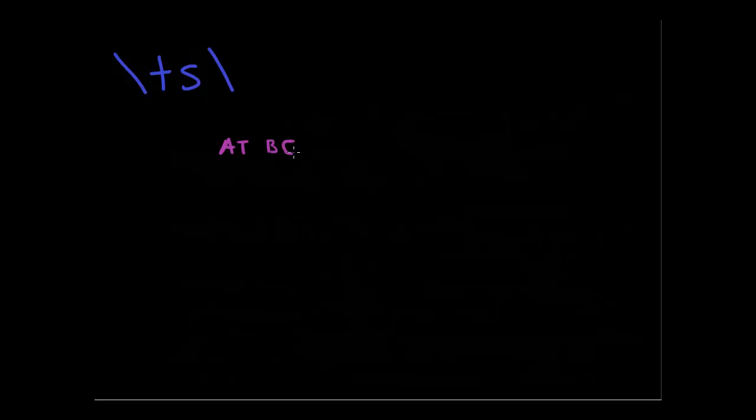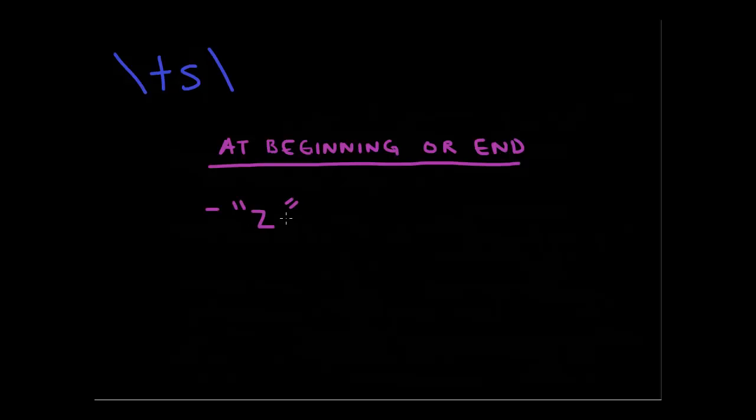At the beginning or the end. Okay, and the rule for that is it's going to be a Z almost all the time, a Z for the ts sound. And there are several examples. It can be at the beginning or the end, again, just to make sure that's clear.